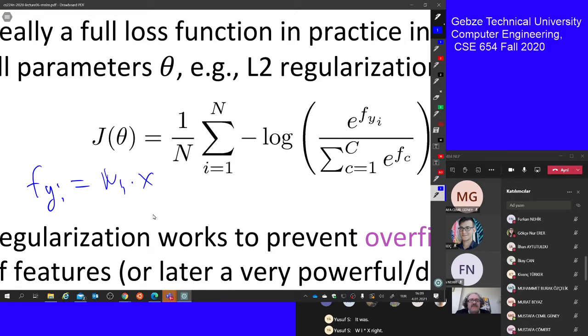So that was the original one. This one is kind of different. What is the meaning of f_y for our neural networks? It is not W_y times x anymore. What is f_y?